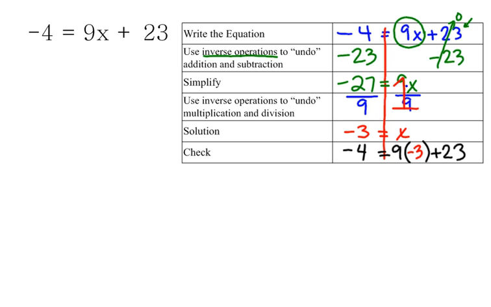This says 9 times negative 3. Well, that's negative 27. And do these have the same signs or different? They're different, so I subtract. 27 take away 23 is 4, and it is negative because the 27 was larger, which I can now see that this was the correct solution. Negative 4 does indeed equal negative 4. I know that I have solved this problem correctly.